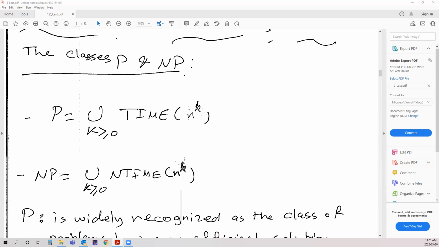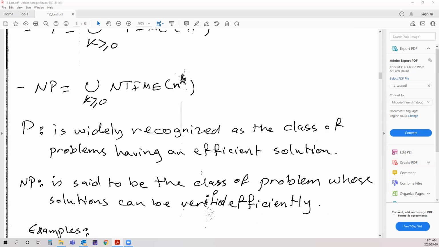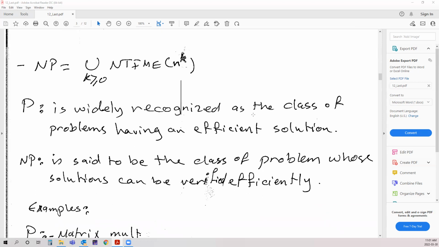NP equals the union for k of time for n to the power k, which is almost the same. P is widely recognized as the class of problems having an efficient solution.